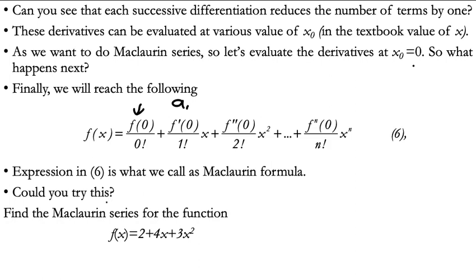Okay, so can you try for this example here? Find the Maclaurin series for the function equals to 2 plus 4x plus 3x squared. Let me rewrite again the function so that we can always refer to it here. So f(x) is given by 2 plus 4x plus 3x squared.